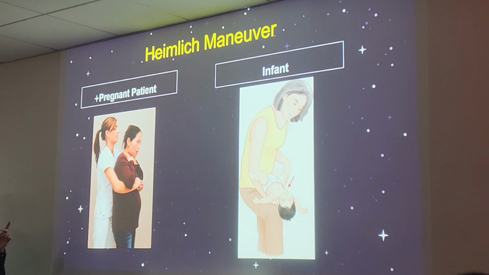And you would do 1 to 4 back blows on their back in between the scapula, and then 4 chest thrusts using 2 of your fingers on their breastbone, in between the nipple line. Like this, not like this. So 1 to 4 back blows and 1 to 4 chest compression blows.